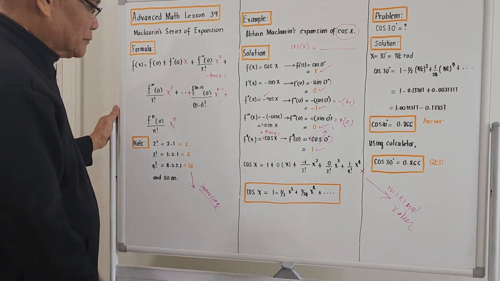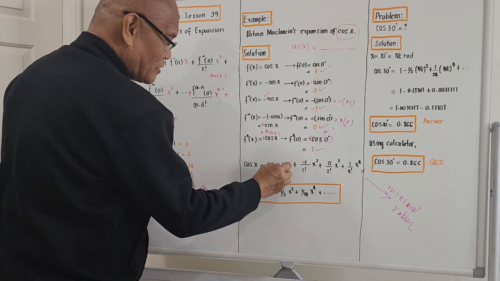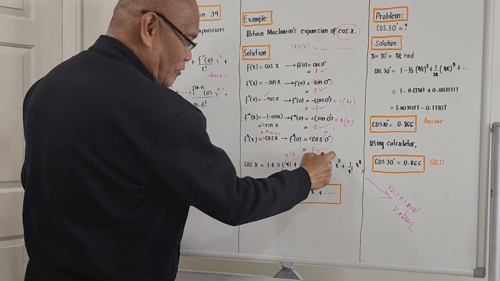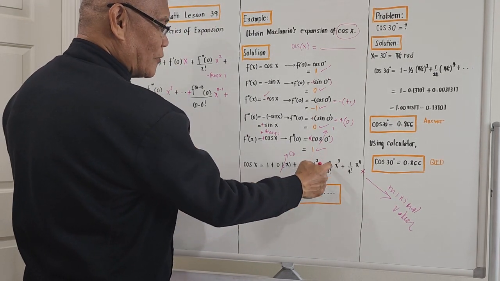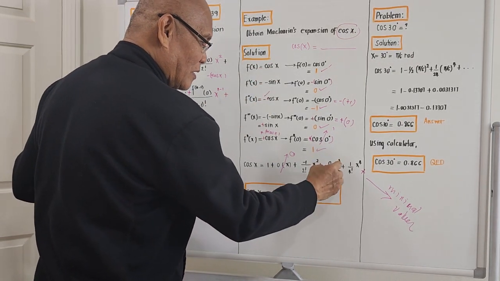Simplifying this, cosine of x: 0 times x is actually 0. 0 over 3 factorial, which is 6, is 0, and 0 times x cubed will be 0.